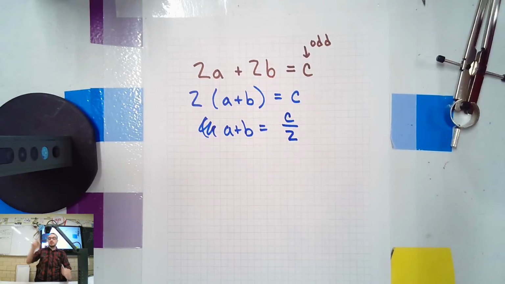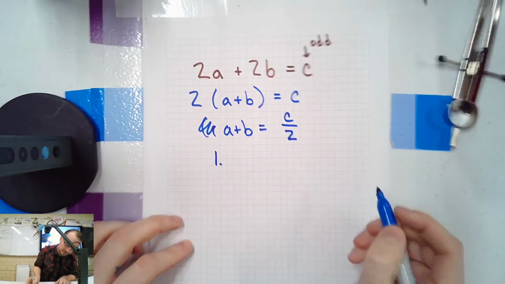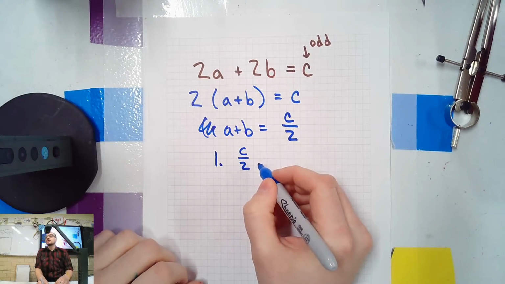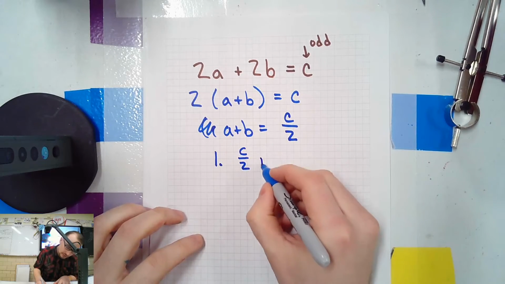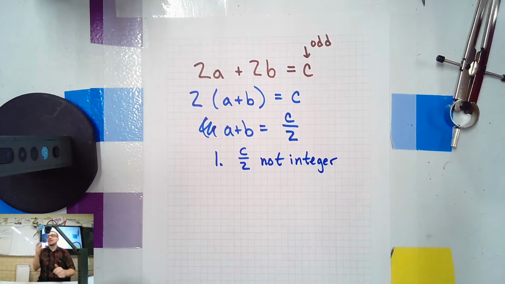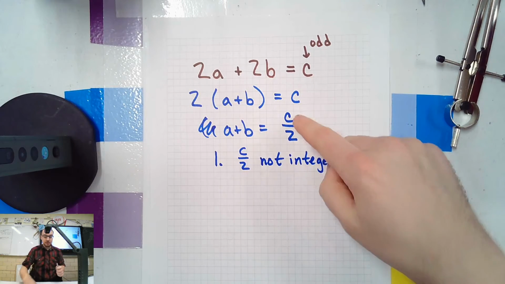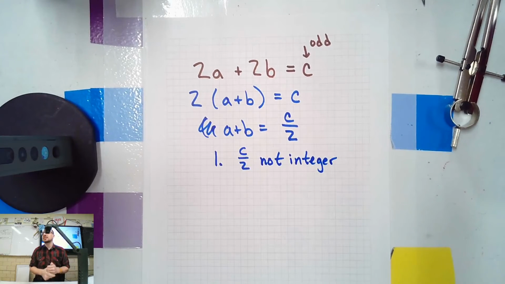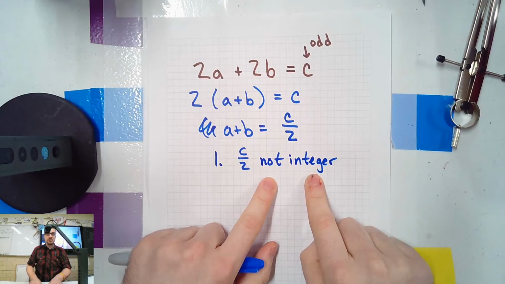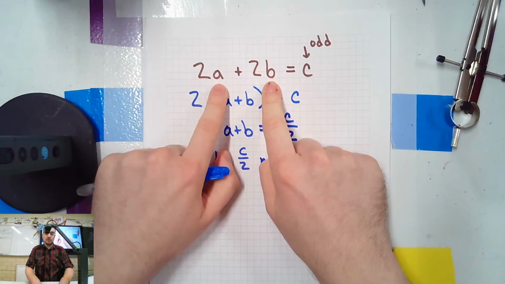So there are 2 possibilities. Case 1, C over 2 doesn't divide evenly. Okay? So it is not an integer. Integers like -1, -2, -3, 0, 1, 2, 3, right? So C over 2 doesn't divide evenly. It's not an integer. It's like a fraction, decimal, something like that. Now, if C over 2 is not an integer, this is a problem, because A and B are.